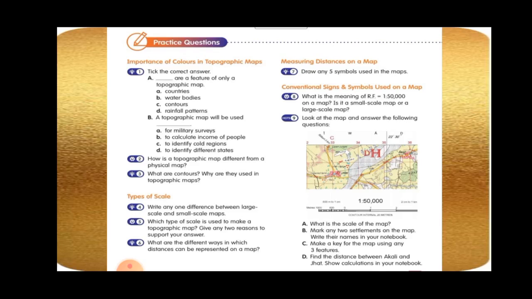Suppose I checked that the distance between Akali and Zat is 4 centimeter. So what will be the calculation? The calculation is 4 centimeter is equal to 2 kilometer, because the scale is 2 centimeter is equal to 1 kilometer.